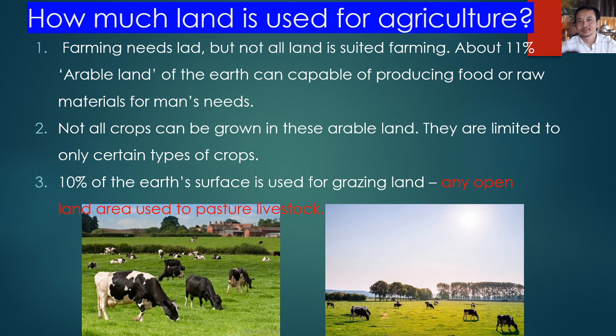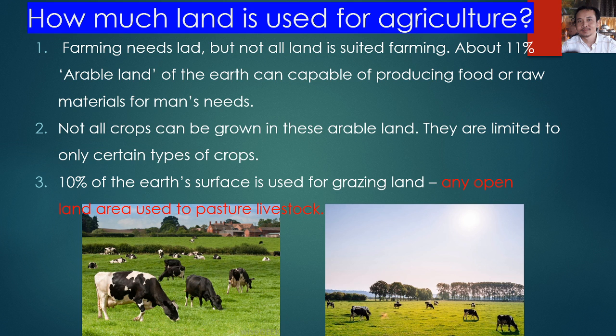The bulk of these arable lands is found in monsoon Asia, Western Europe, the coastal lowlands, and river basins in North and South America. Arable land is rather restricted in most parts of Africa and also Australia, as extracted from our textbook.